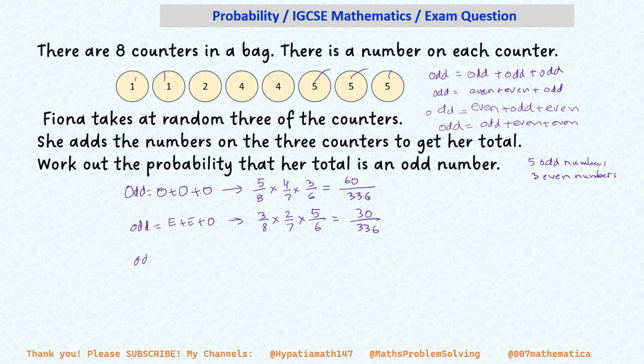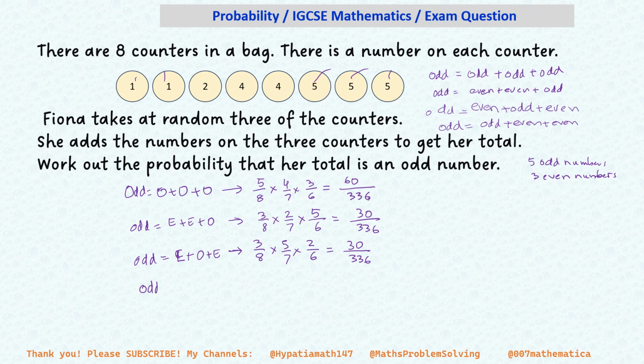The next case would be even plus odd plus even. The result would be the same, but I would still do it. The even first is 3 out of 8, times the odd one, 5 out of 7, times another even, so 2 out of 6. So we again get 30 out of 336.